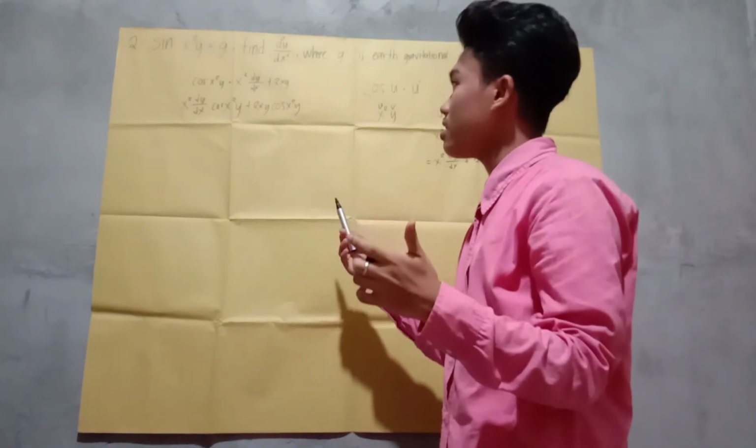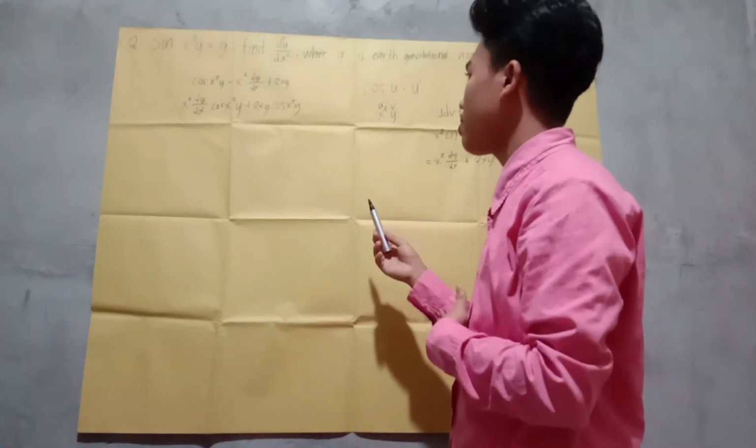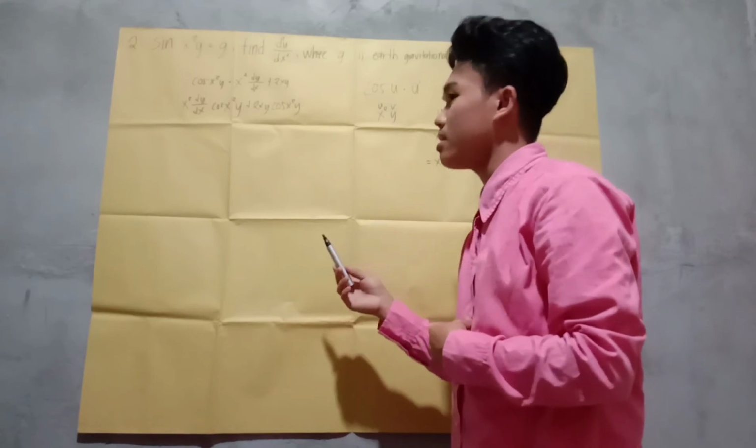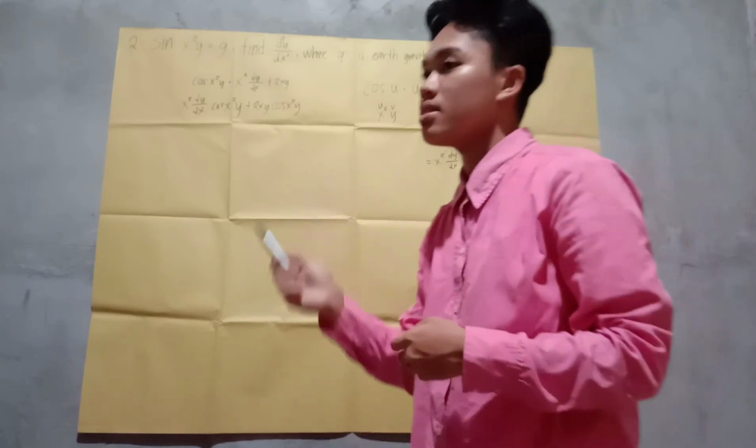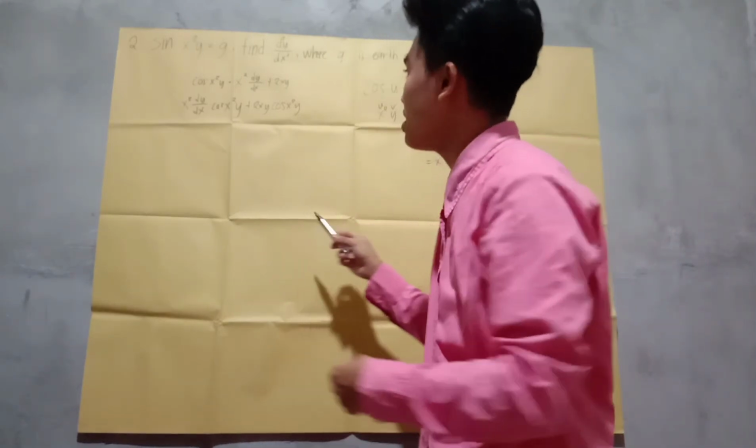into the left side the terms that have a dy over dx, and transpose to the right side the terms that have no dy over dx.